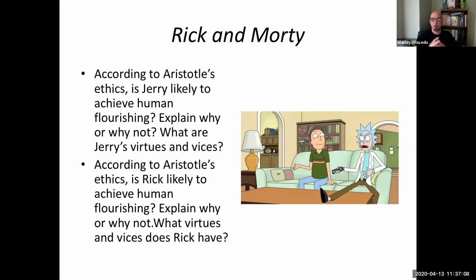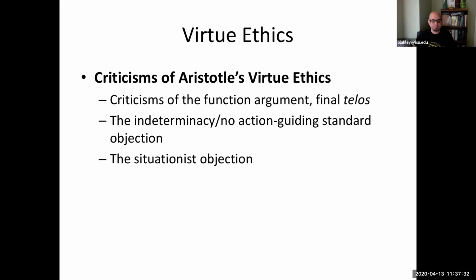And how could he go about cultivating them in order to achieve happiness? It's important to note that Rick seems like a miserable character, right? And at one point, he even attempts suicide. So what kind of character traits feed into that, and what kind of character traits could help him get over that from an Aristotelian standpoint? So be sure and take a look at the Whirly Dirly Conspiracy and think about that episode from an Aristotelian standpoint.